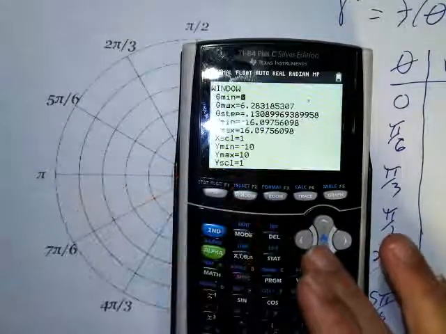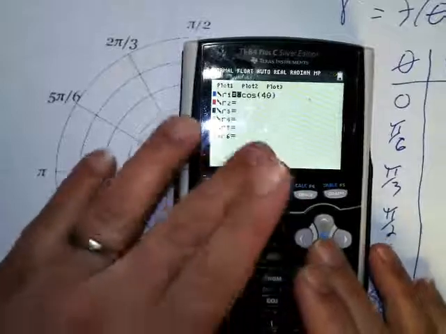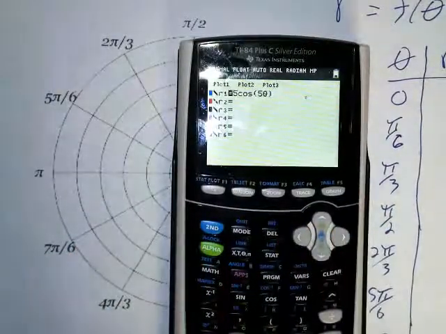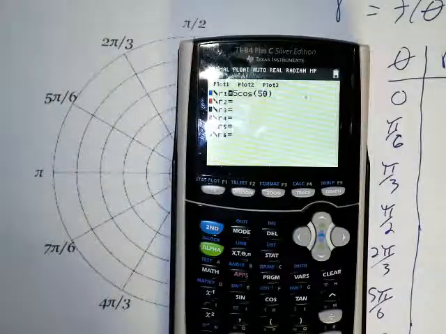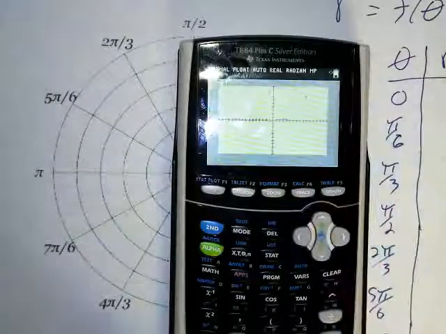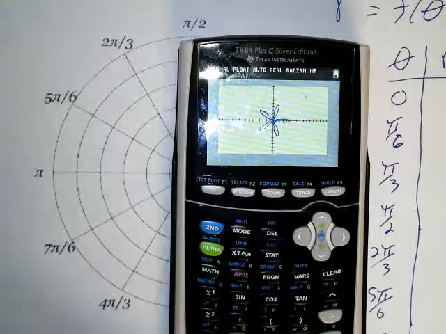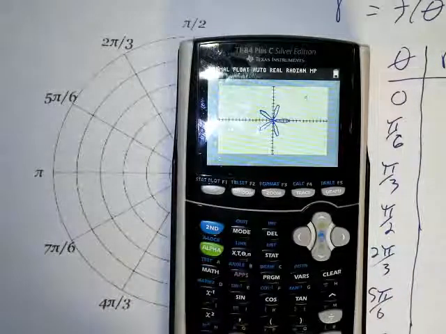But look at this. So that was cosine of 4 pi. Now let me do cosine of 5 pi. You might think that there would be 10, right? It would double it, but let's look and see. Now there's only 5. I wonder why.